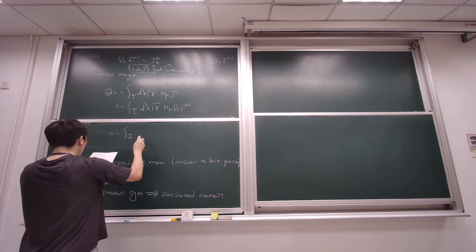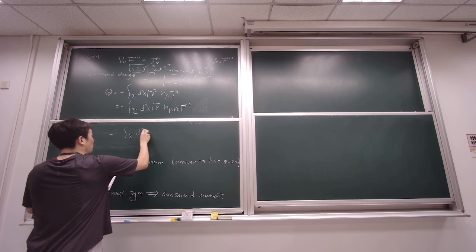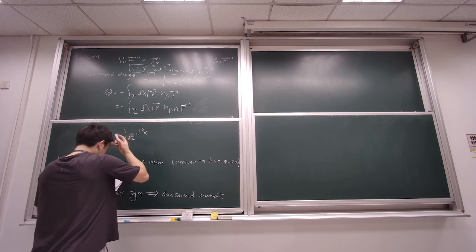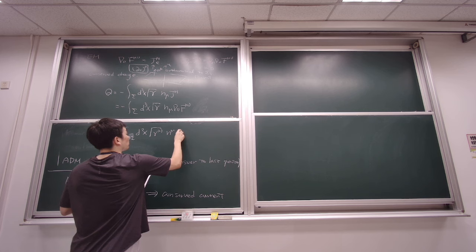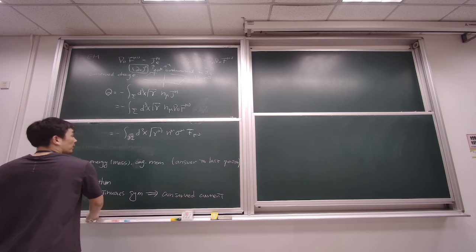This is just what Gauss told us almost 200 years ago. So the integral over the boundary of sigma, of sigma mu nu F mu nu, like this way.